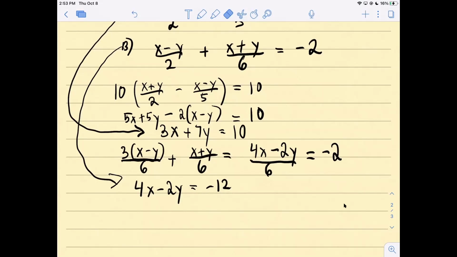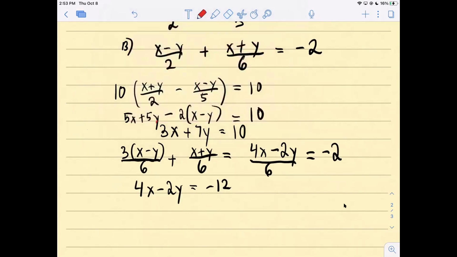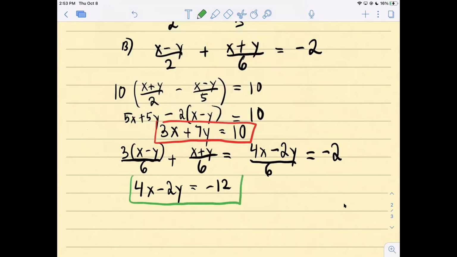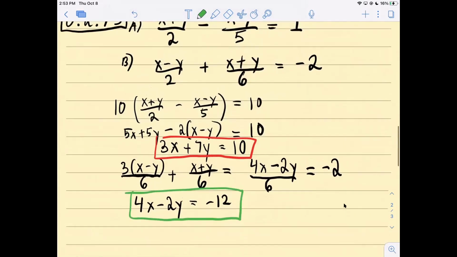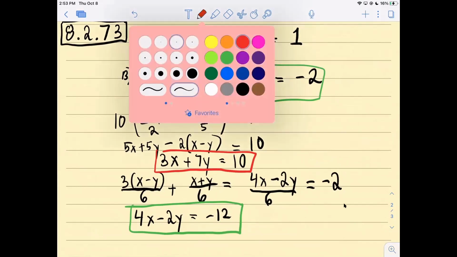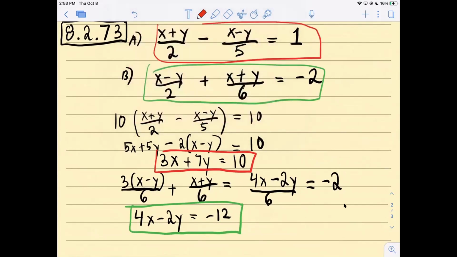Okay, I'm going to erase these arrows because I think they look kind of messy. Are there any questions? So this is rewriting that equation, and this one is the other equation, equation A and B. All right, now we can solve the system.